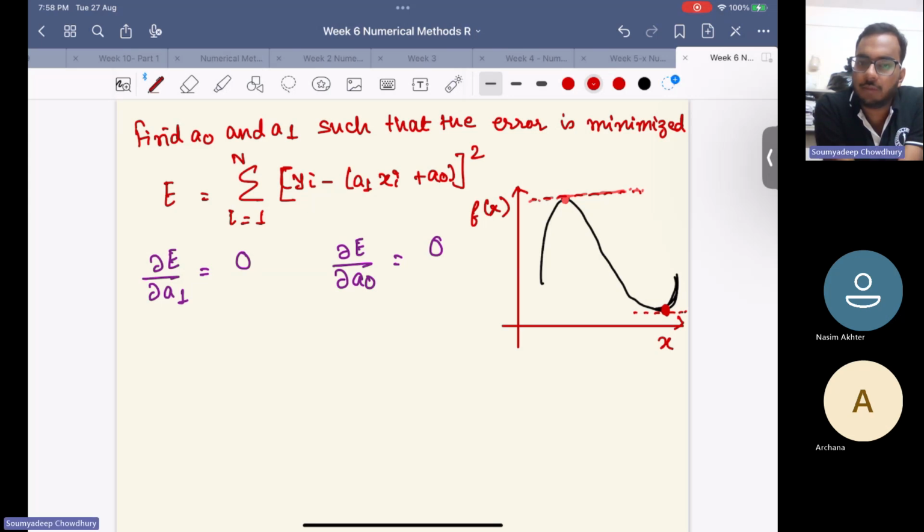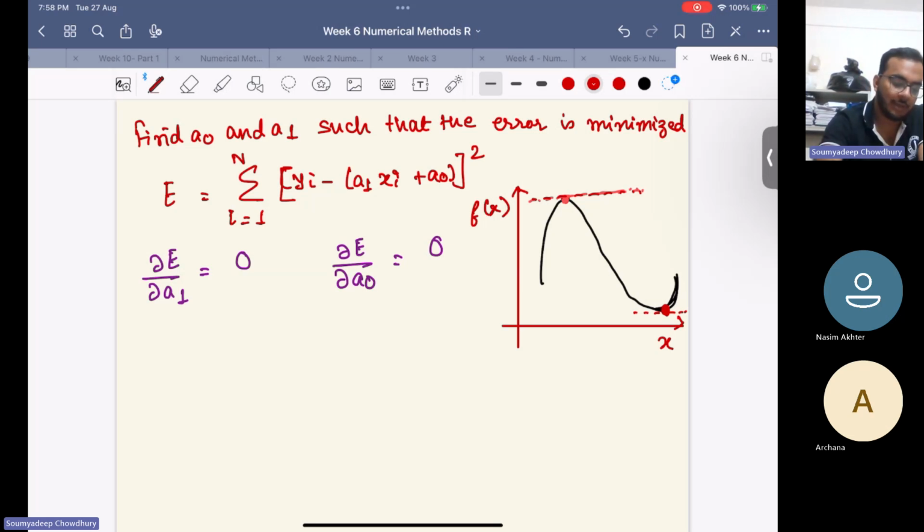Are you sure? Nasim, what is the slope of a line parallel to the x-axis? It will be 0 because the angle is 0. Yes, the slope of a line parallel to the x-axis is always 0.